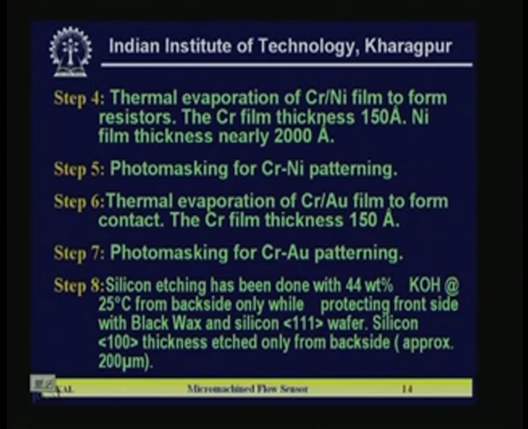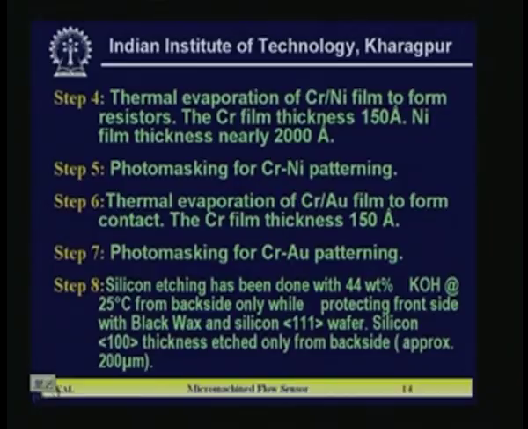So, in order to prevent those damages, normally the top side is covered with a protective layer, and in many cases we use black wax, and on top of the black wax you can press a 111 oriented silicon wafer, which normally does not etch by KOH. So, the top side will be protected, and from the back side you can pattern, so that you can get a cantilever or membrane.